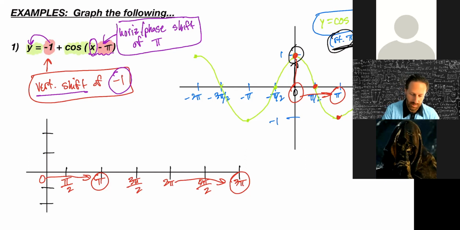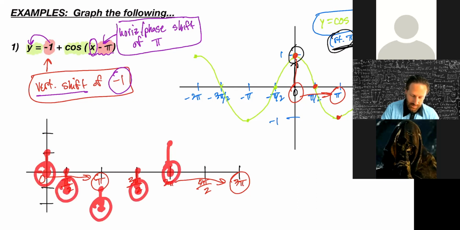So again, notice my 0, -1, 0. Here's my original. We're going to move all those down 1. So now I got this point, this point, this point, this point, and this point. Then we're also going to shift them what? Right pi. Very good.